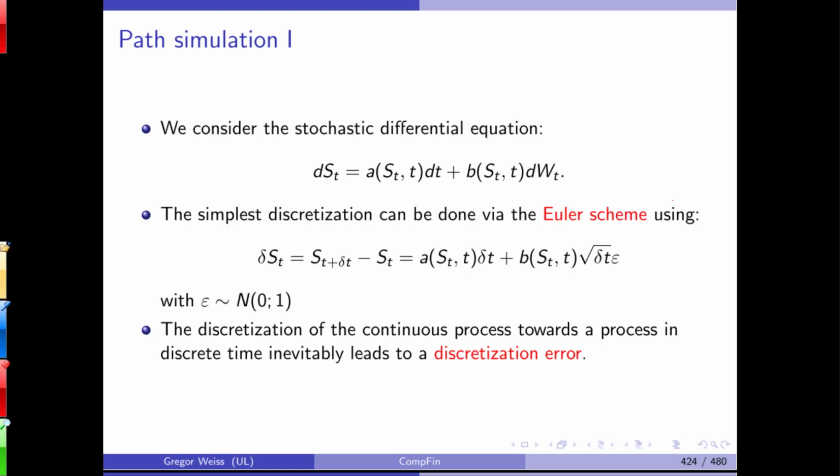Take delta S_t being the discrete change, the discrete increment, and just write drift function A times delta t plus diffusion times square root of delta t times epsilon, with epsilon instead of the Wiener process being standard normally distributed. However, the discretization according to what is called the Euler scheme, the discretization of this continuous process towards a process in discrete time, inevitably leads to a discretization error, obviously.